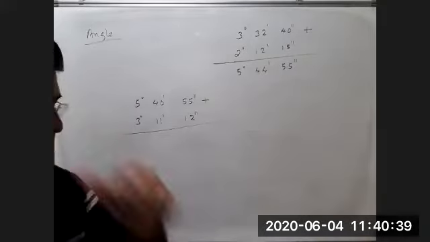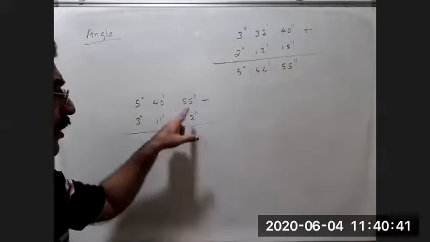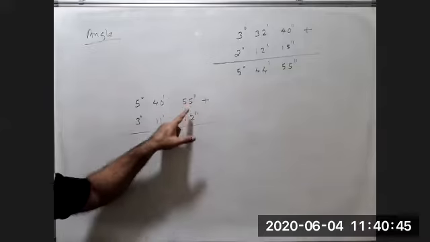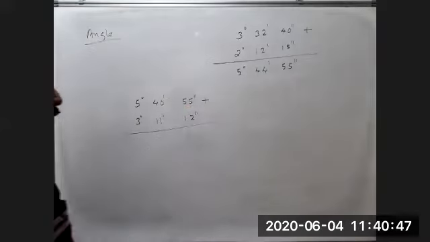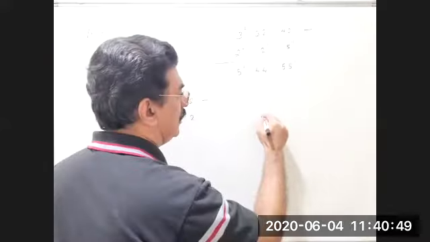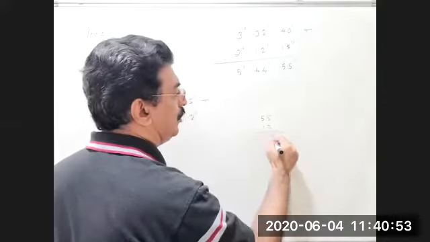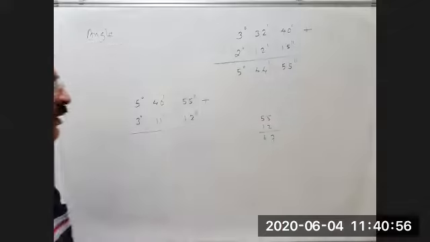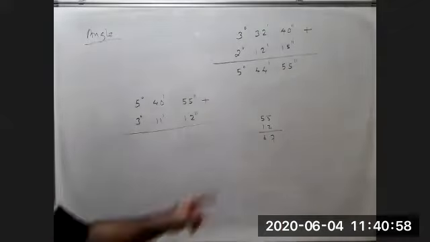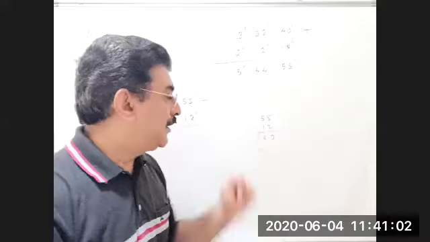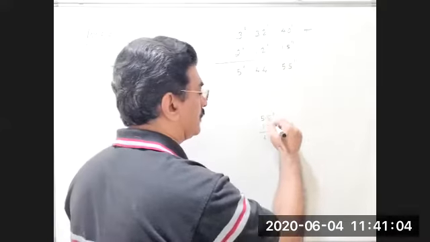Here, if you are adding from right to left, 55 plus 12 is how much? 67 seconds.